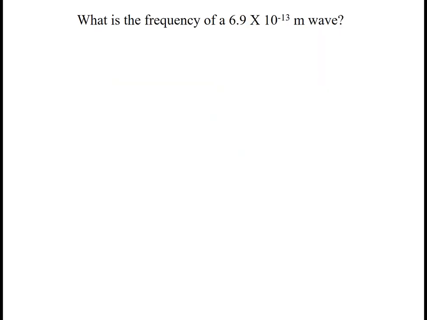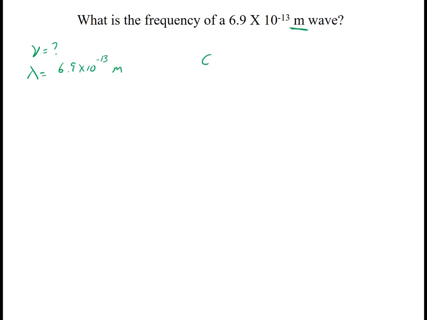Here's another problem. This time it wants to know what is frequency. Frequency is nu. It doesn't describe this, but I have the unit of meter. If I have the unit of meter and I'm talking about frequency, we're going to use lambda. So 6.9 times 10 to the minus 13th meters.